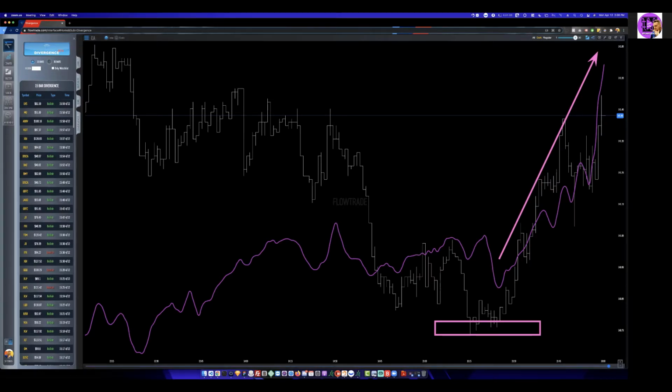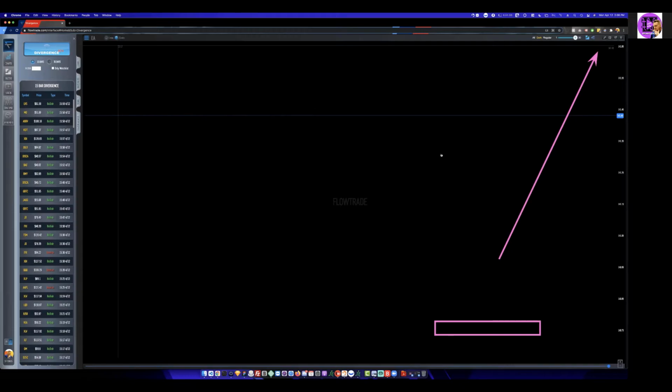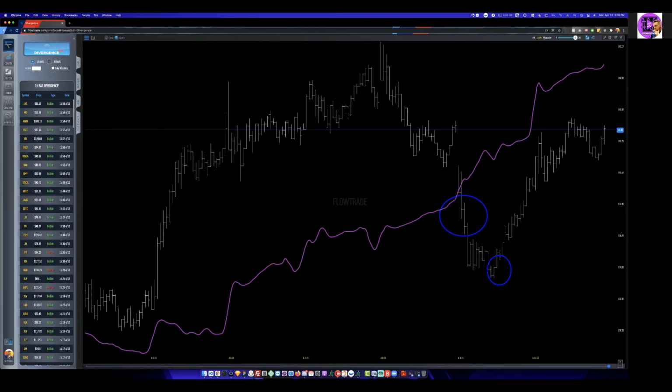On the 15 minute chart, we had bullish divergence happen back on the 9th. That's still continuing. As you can see, the price action is trading with the algo.